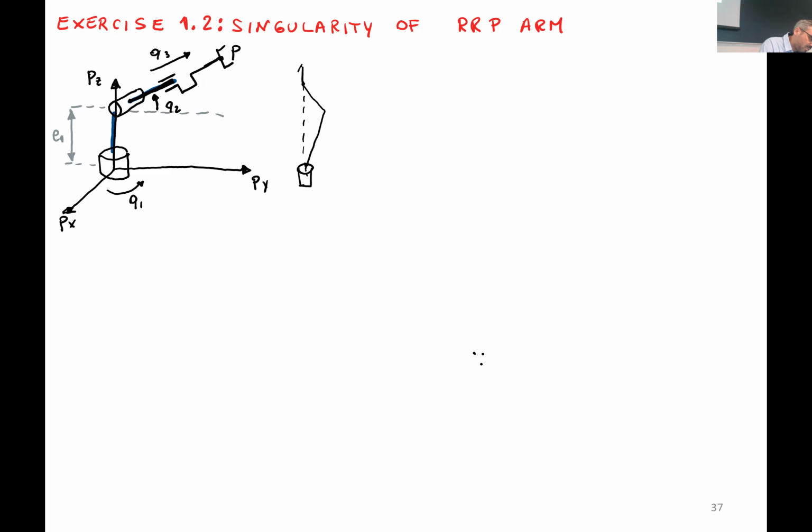And for example, if you want to move this end effector velocity, we have infinite Q1 dot motions that can achieve this. So you remember, we lose mobility in one direction, or we become redundant with respect to the task.